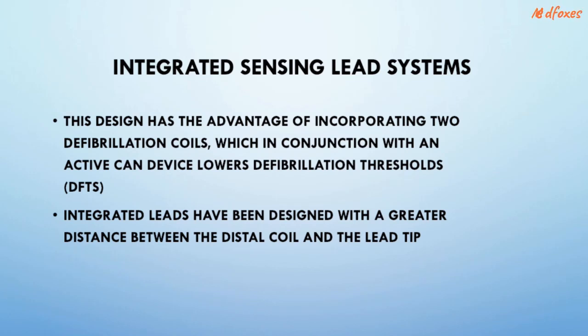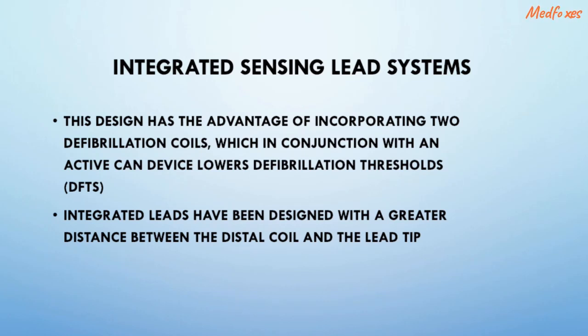Integrated leads have been designed with a greater distance between the distal coil and the lead tip, usually 12 millimeters. This greater distance has resolved post-shock sensing problems, with the trade-off of increased risk of oversensing of far-field signals.